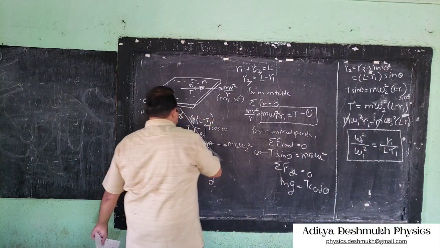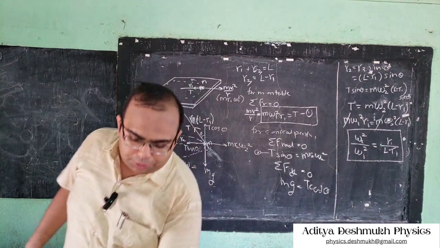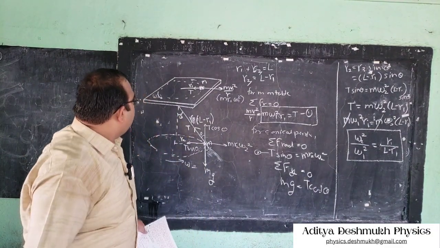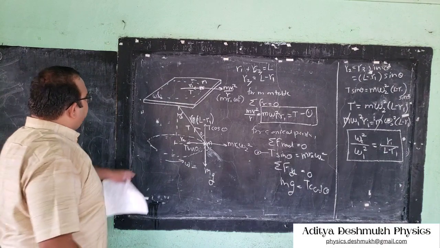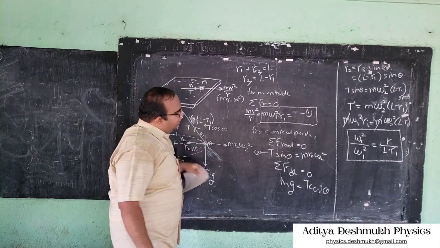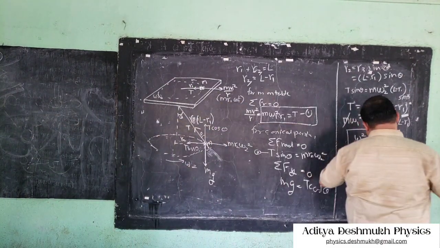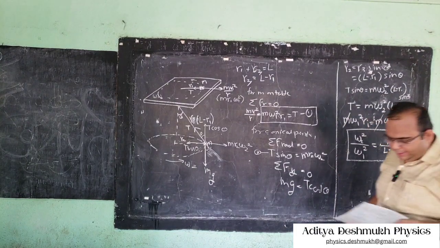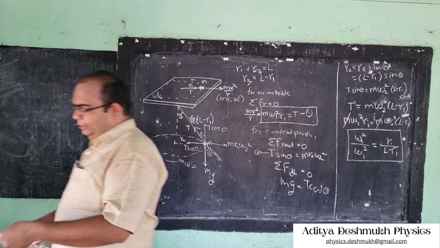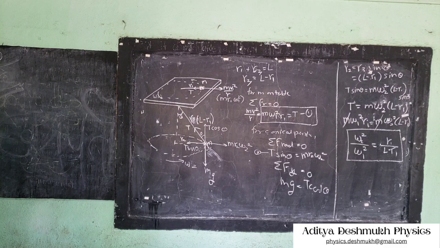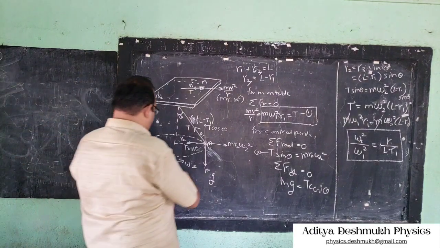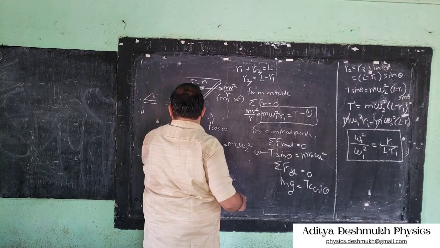So the ratio of the string on opposite sides of the table will be the ratio of the squares of their angular velocities. So let's go to the next question.